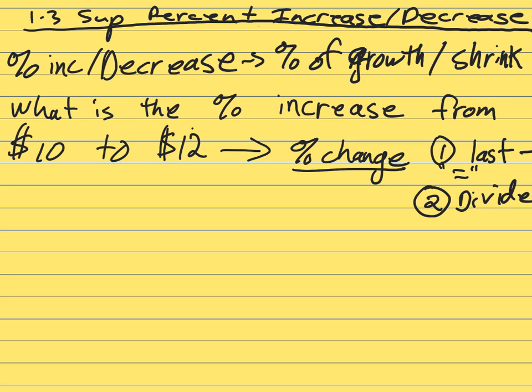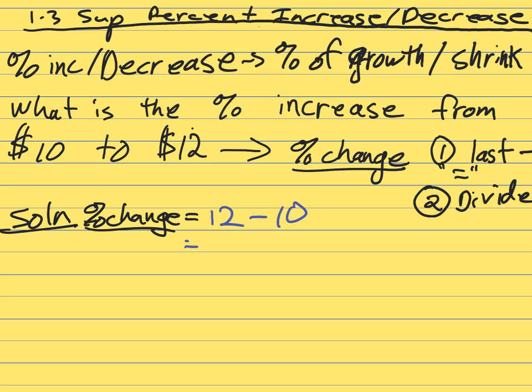Now, let's go and show the solution to this problem. So let's go and figure out what the percent change is. So the percent change is equal to, well, we said we have to do the last minus the first. So we're going to use 12 and we subtract 10.